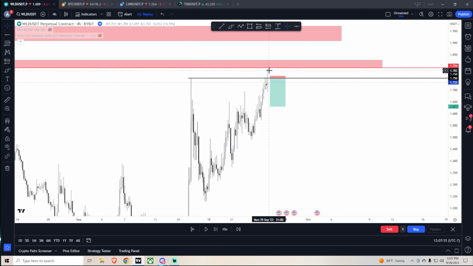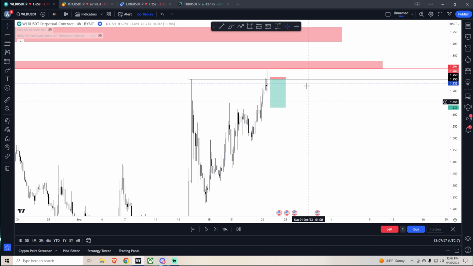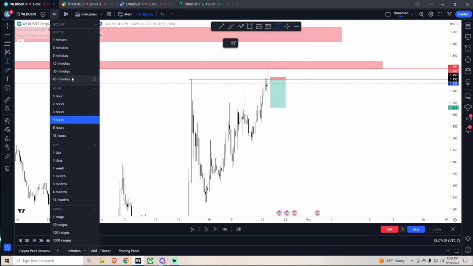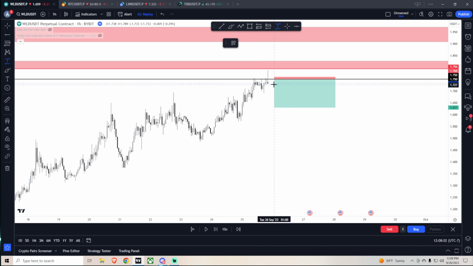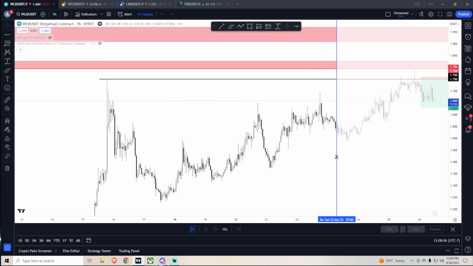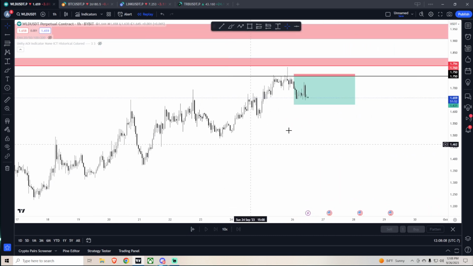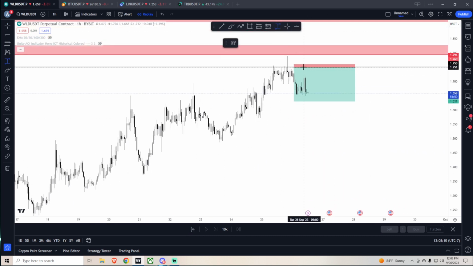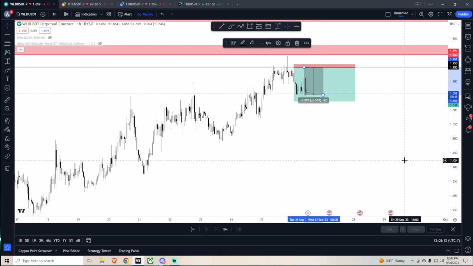It filled, DCA barely missed. Okay, I don't know. Alright, so there's the fill. We went a little bit higher. And then you got yourself a 5% move down.